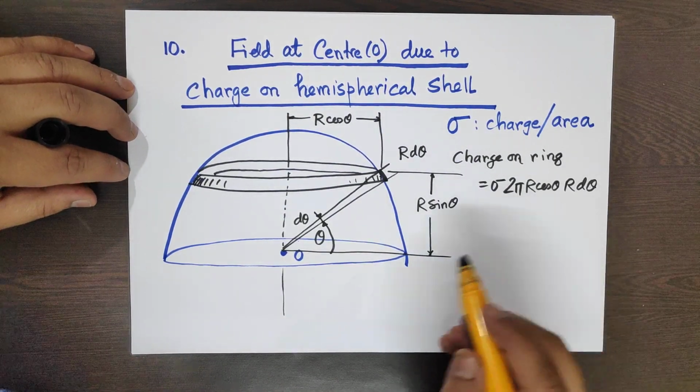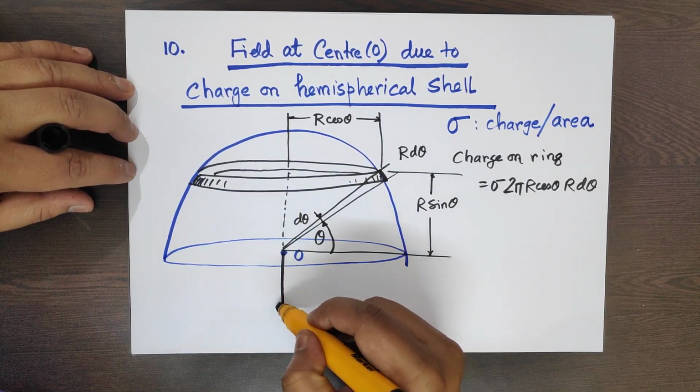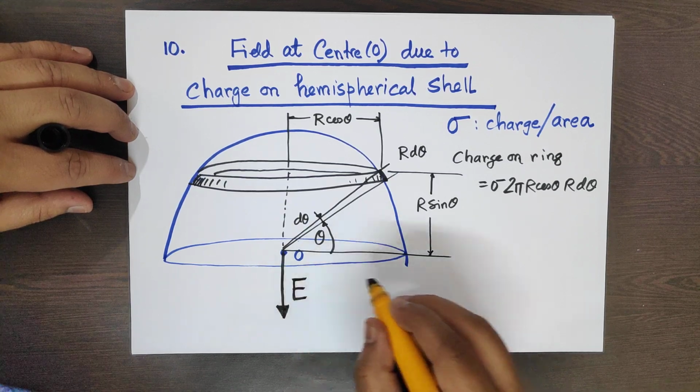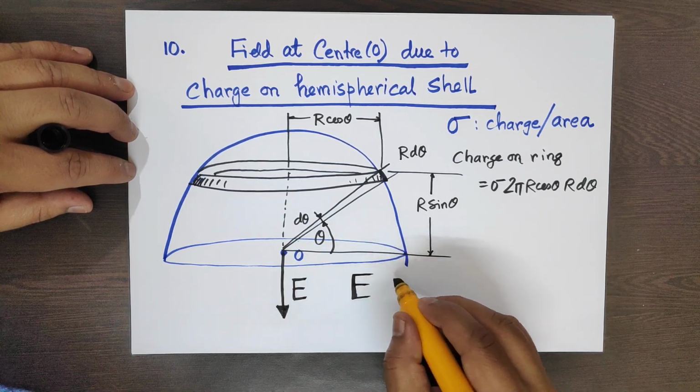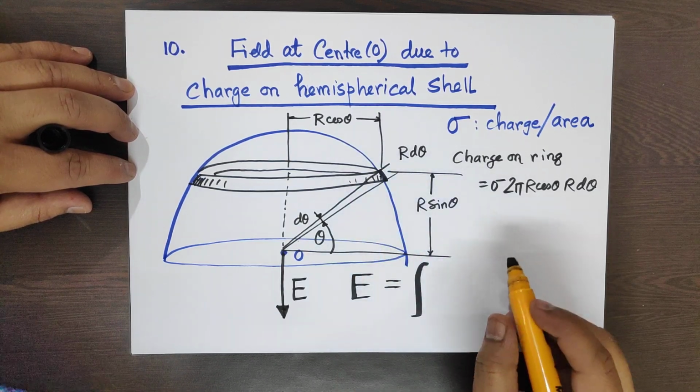Okay, so here the field will be this way, right? So total field E will be integral of the field due to a ring.